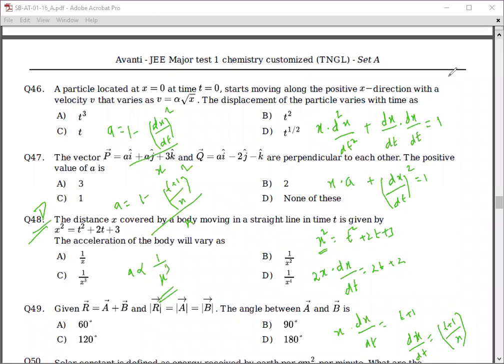Is this clear? Tell me, is this clear? Does anyone have any doubt in this now again? Okay, right, so till 48 we are done.